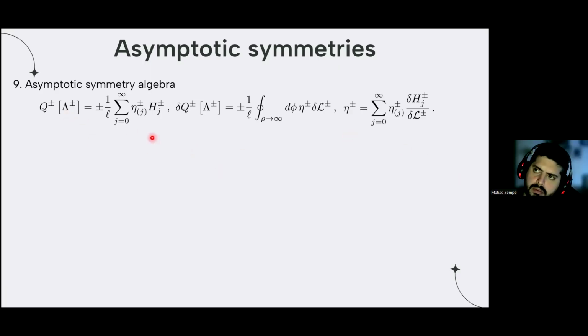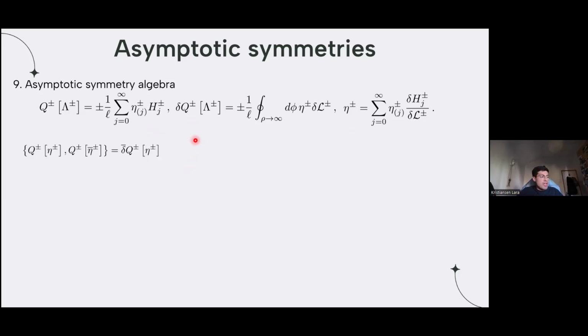So to end, for the asymptotic symmetry, one can compute the asymptotic symmetry algebra with all the discussion that we had before, by using this formula.